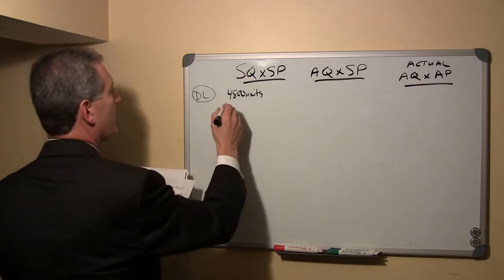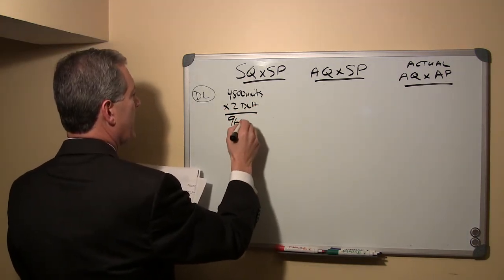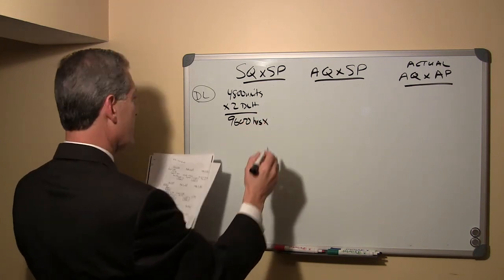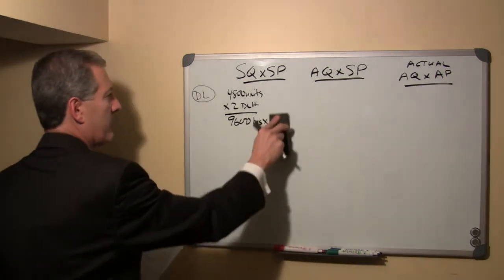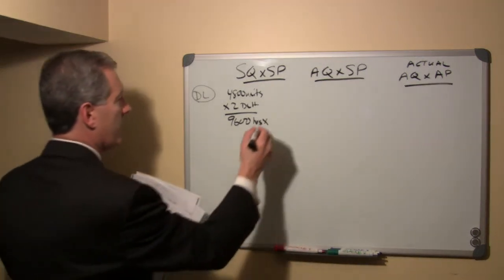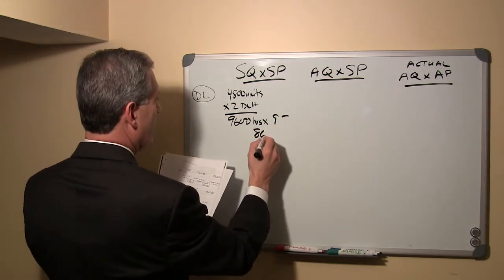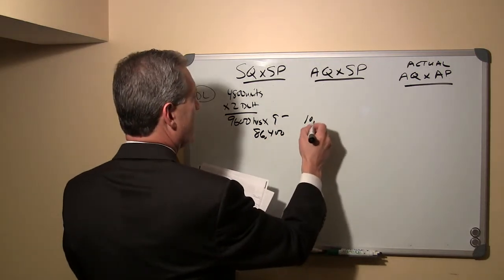It should have taken 2 direct labor hours per unit. You should have used 9,600 hours at a standard price of $9. This column is $86,400. The actual number of hours, 10,000.